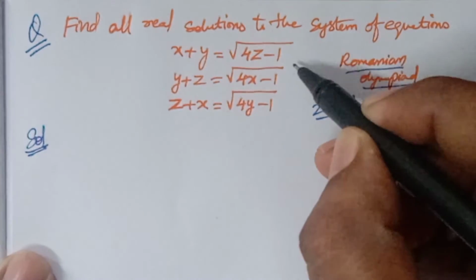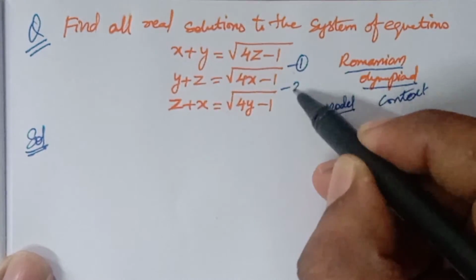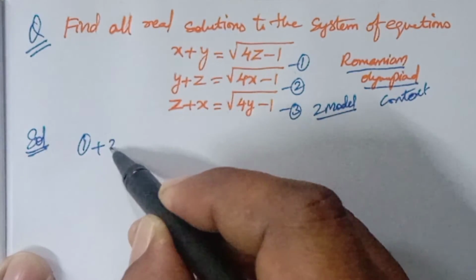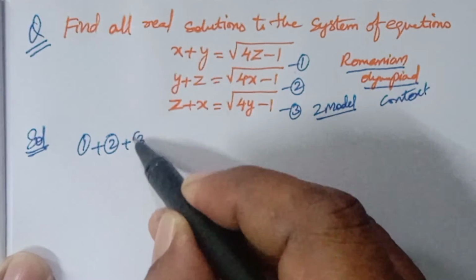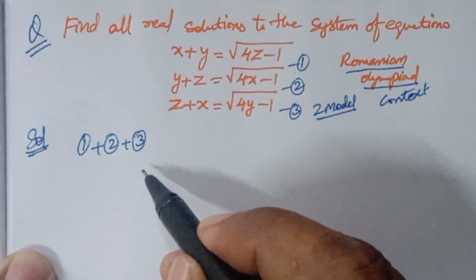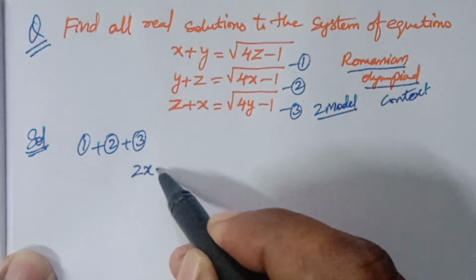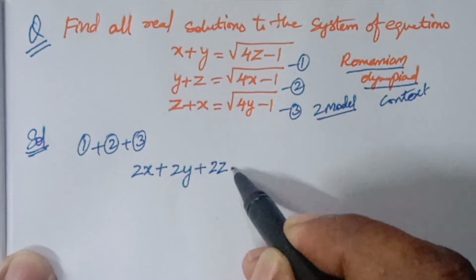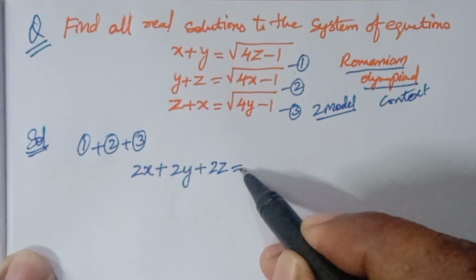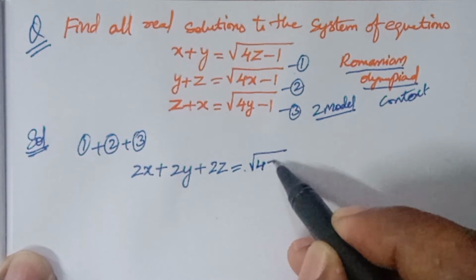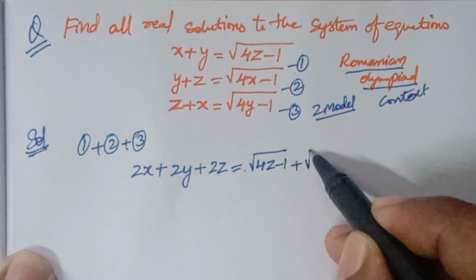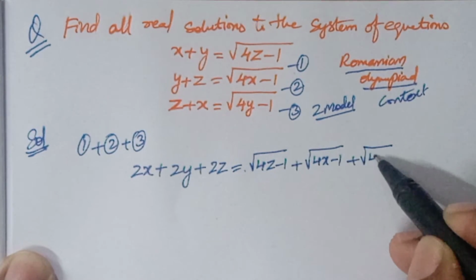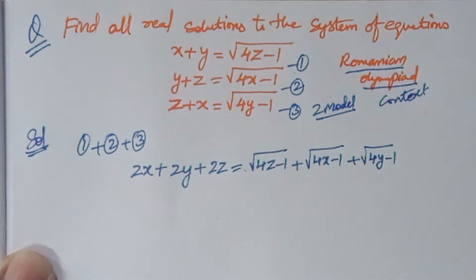So here let us take this is 1, this is 2 and this is 3. Adding 1 and 2 and 3, what will we get? 2x plus 2y plus 2z is equal to root of 4z minus 1 plus root of 4x minus 1 plus root of 4y minus 1.